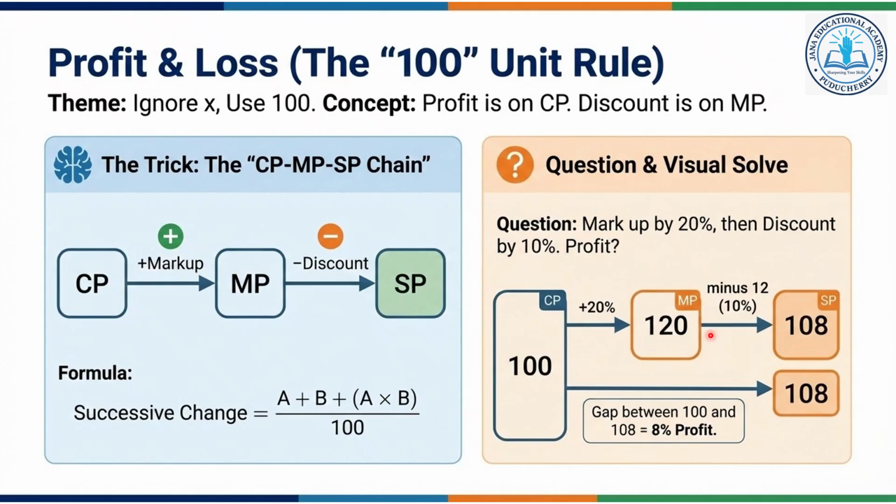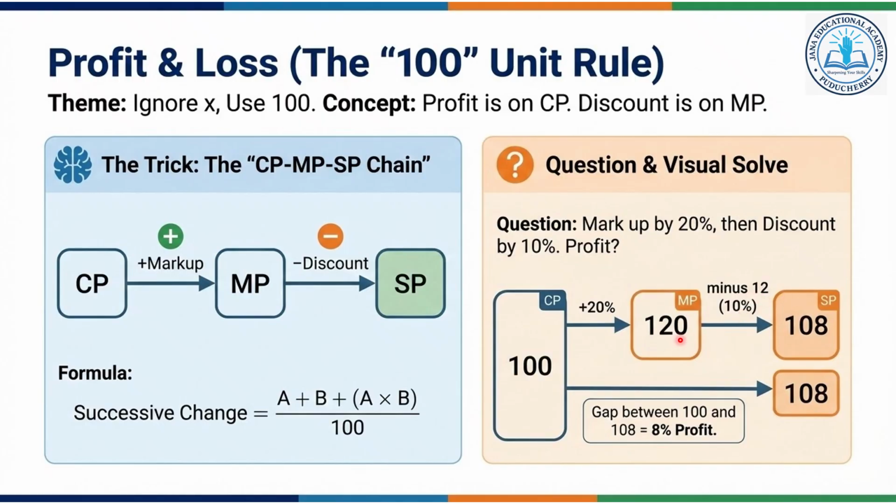Then the discount is 10%. Now 120 into 10 by 100 is nothing but 12, right?